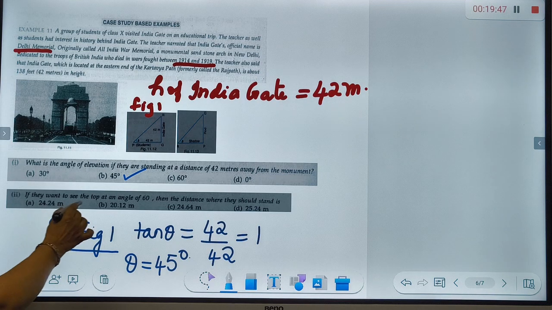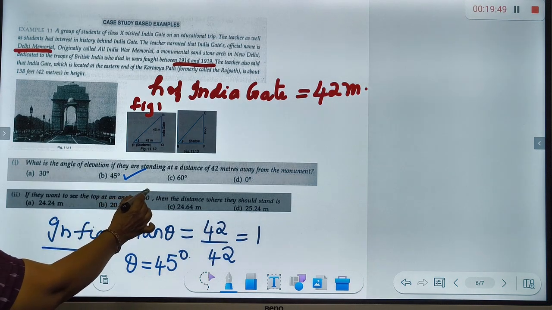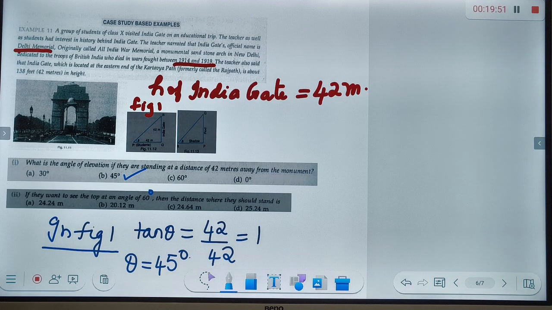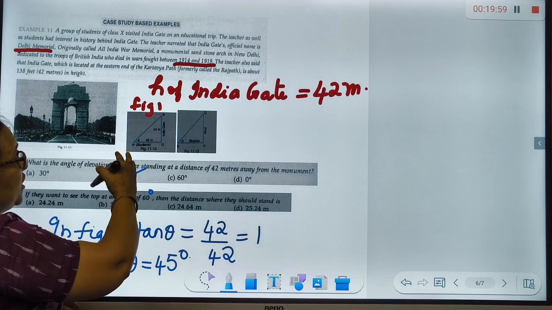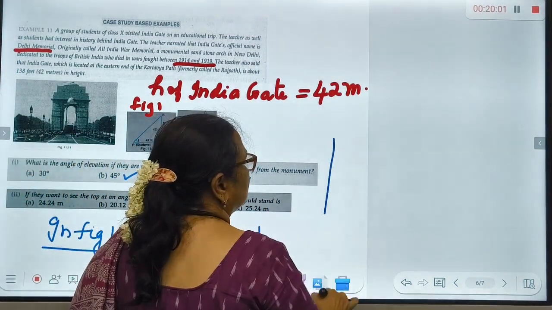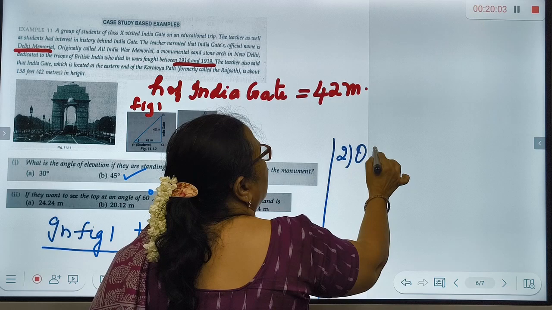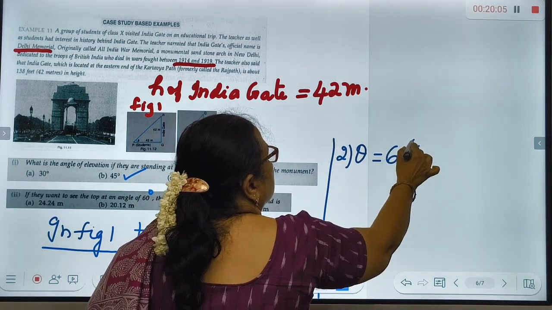If they want to see the top at an angle of 60 degrees, then what is the distance from where they should stand? So in the same figure, they are given that the angle of elevation should be 60 degrees. So theta is given as 60 degrees.